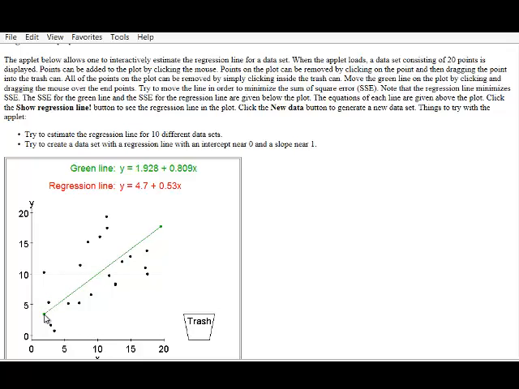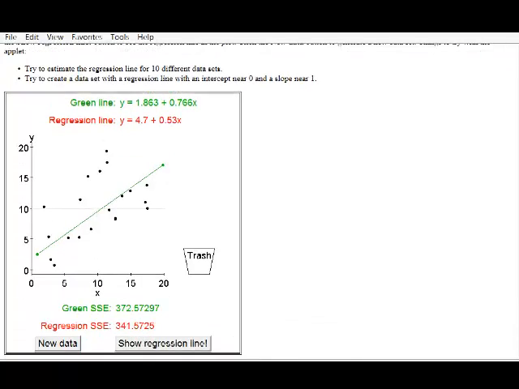So the one that you're trying to get is the green one. And here it's telling you what the actual least squares regression line would be. So you can kind of see from the numbers I'm getting here that I'm not all that close to it. But I can keep doing this and try to get it as close as possible.